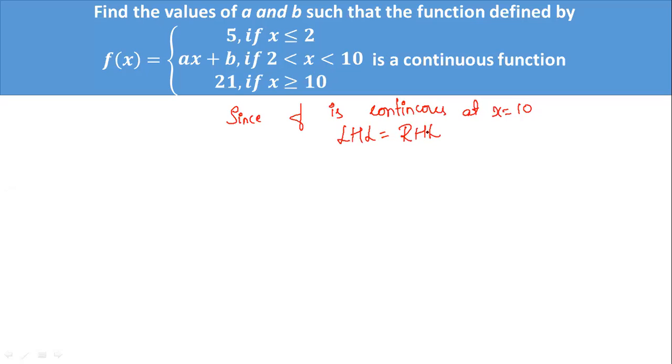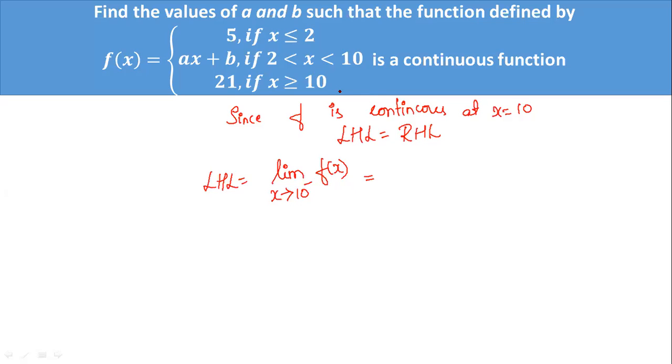So let me see who will give me the answer of the left hand limit as x tends to 10. So it is the limit of f of x as x tends to 10 from the left. From the left means the value of x is less than 10. Yes, good Dikshita, good Subramanya.